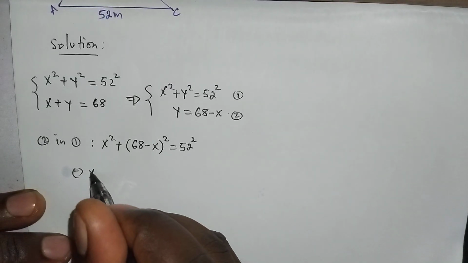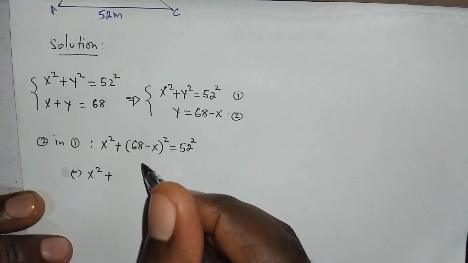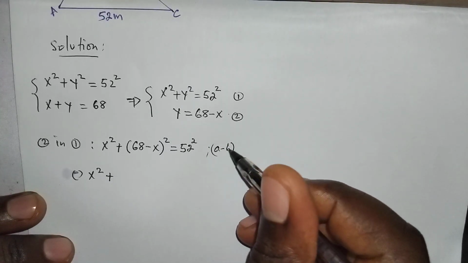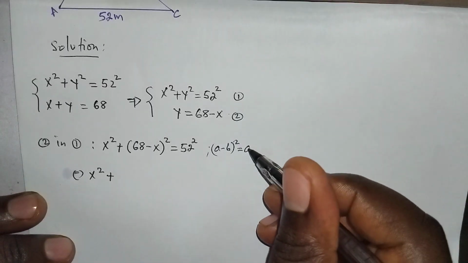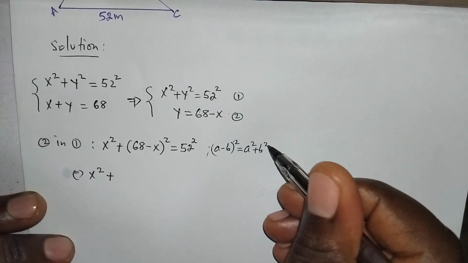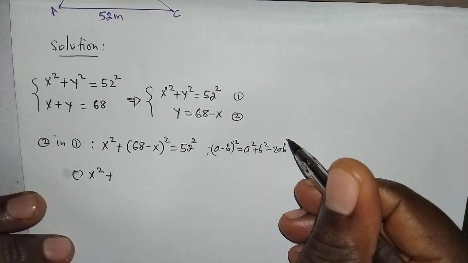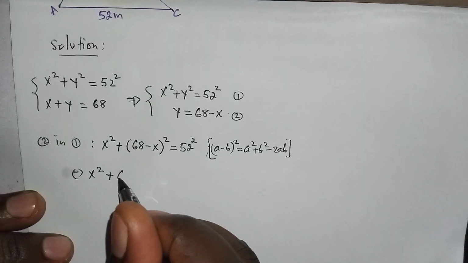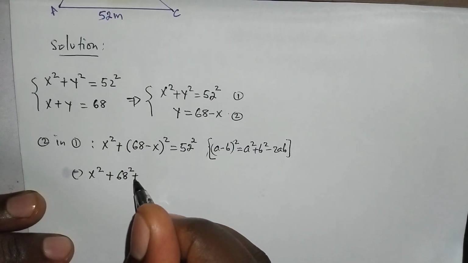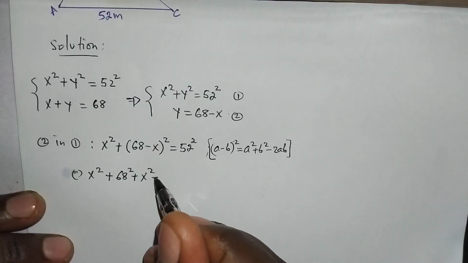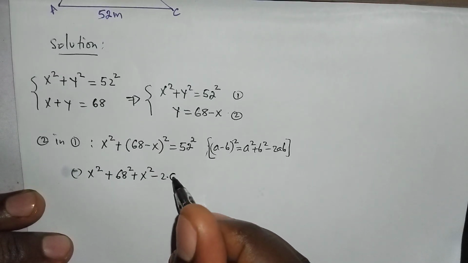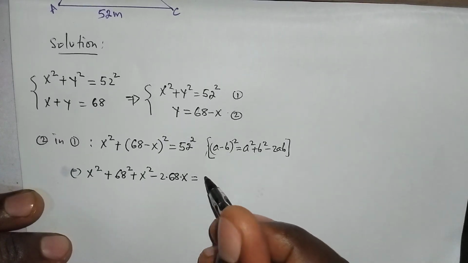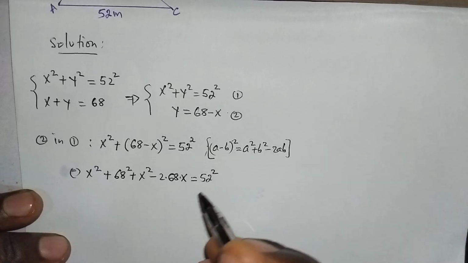So we have x square plus y square, it is (68 minus x) square is equal to 52 square. So it is x square plus, here it is in the form of (a minus b) square, which is equal to a square plus b square minus 2ab. So a is 68, b is x, minus 2 times 68 times x, which is equal to 52 square.